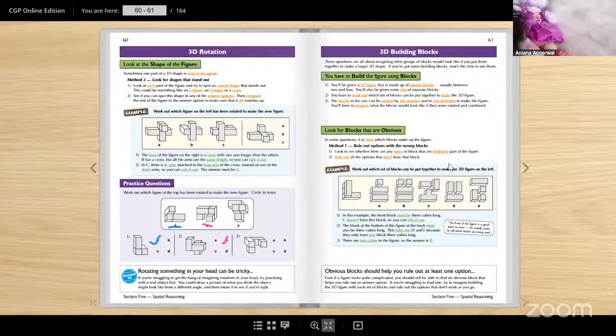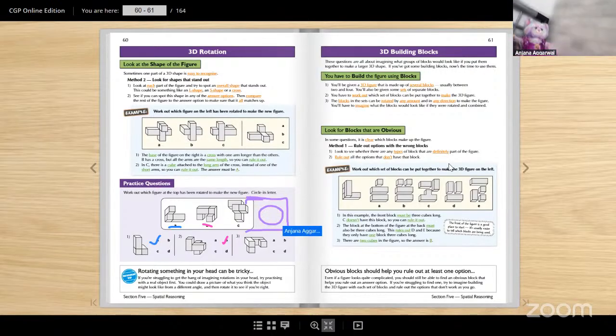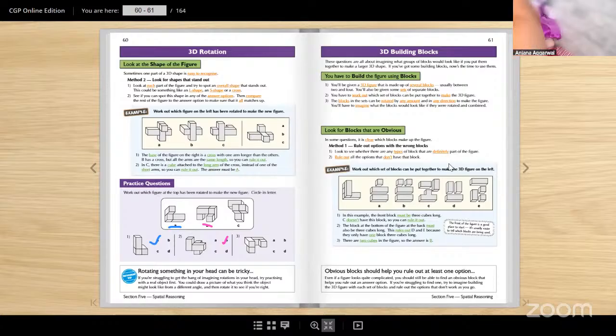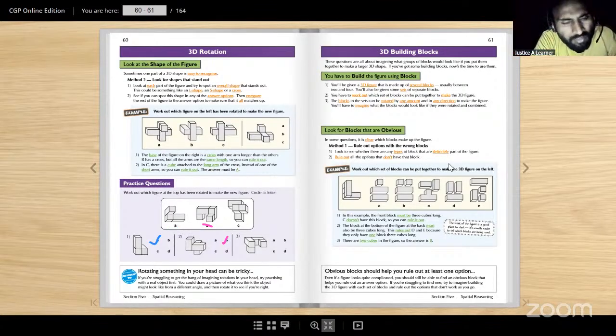Where's option D? Just observe the figure. We have nothing to do with the next thing. Work out which figure at the top has been rotated to make the new figure.